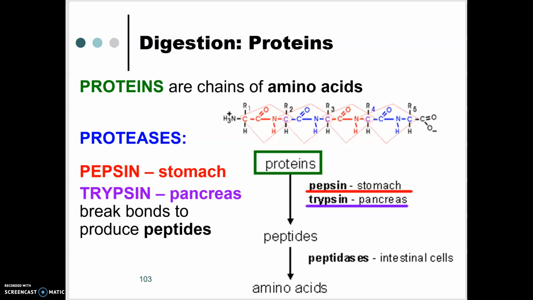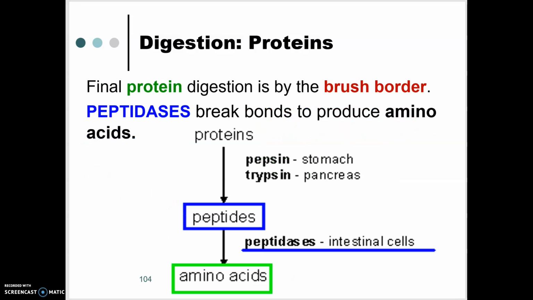They're going to come into contact with pepsin and trypsin. Those are proteases, and they're going to break them into smaller peptides, strings of amino acids. Once we get into the small intestine, we'll have those enzymes that are peptidases, and they're going to cut those peptides down into amino acids, which we can easily absorb and then use.